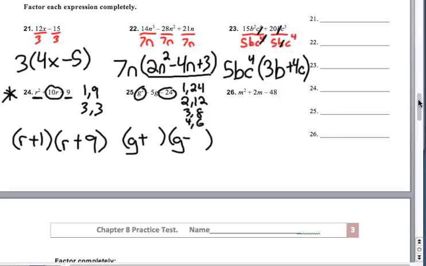And then when I add the two numbers together, with one of them being negative, I want to get a negative 5. Okay, so I can do that by using 3 and 8. They multiply to negative 24. When I add them, they give me negative 5. So remember, your signs here are also very, very important.